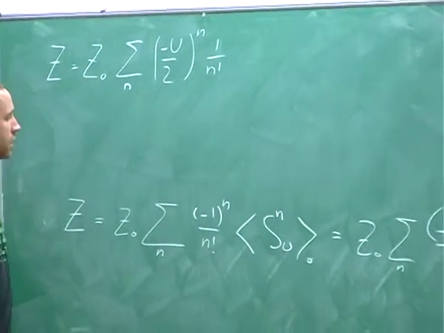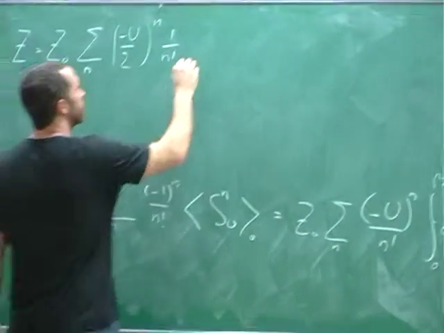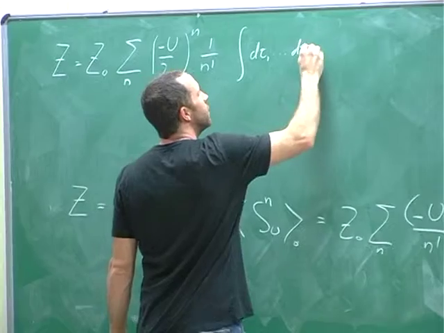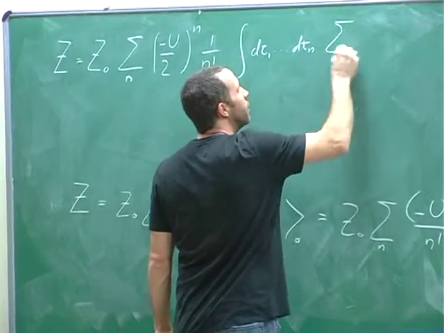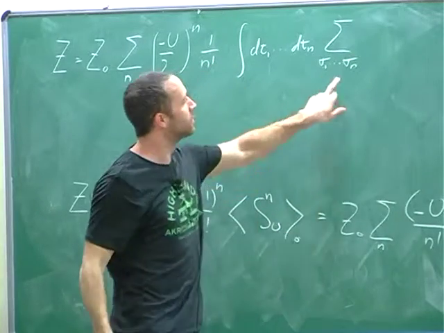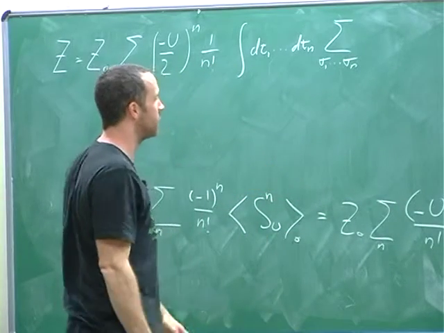1 over n factorial. And then I'll get n of these integrals over d tau, sums over sigma 1 to sigma n. These are the n sums over sigma that come from there.